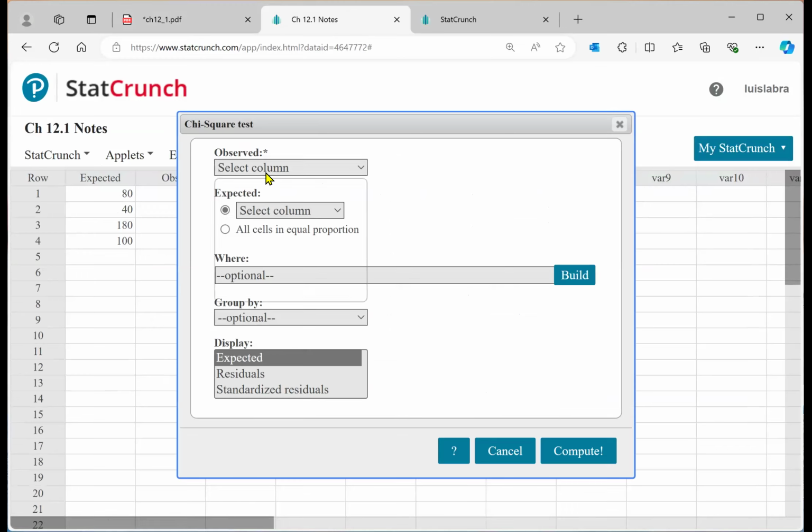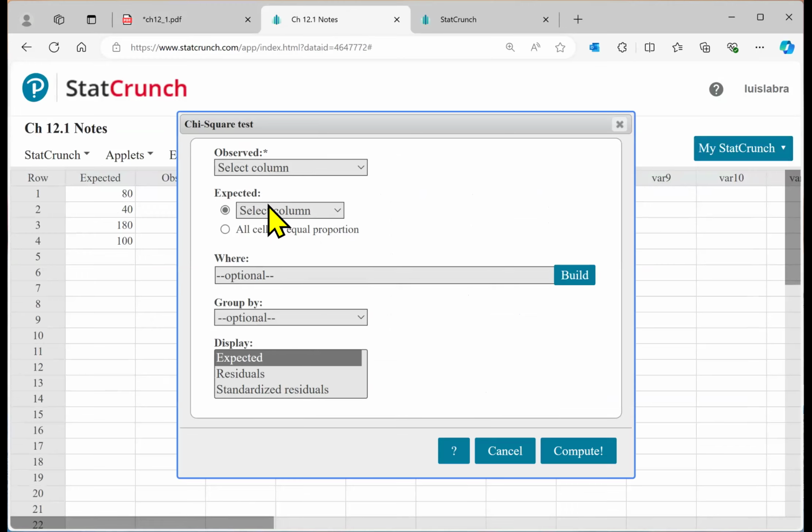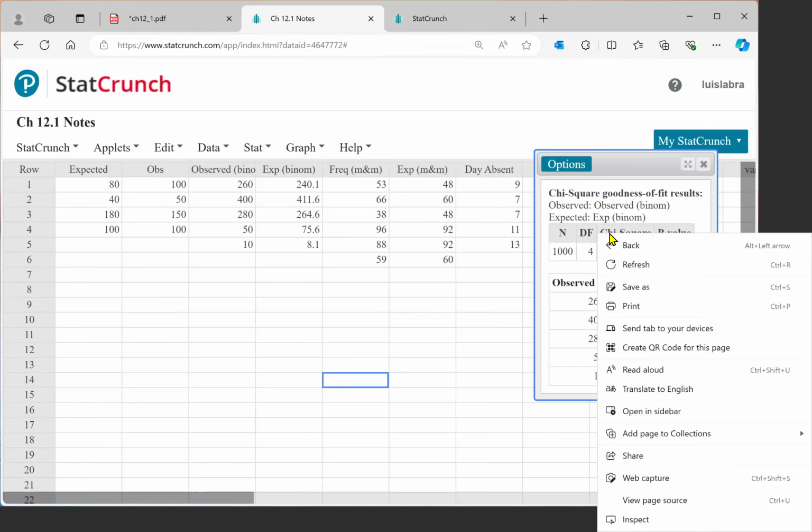So where is the observed? I'm going to click observed where it says binomial, and then expected where it says binomial. And that's pretty much it. Compute, and you get your test statistic. They summarize the results for us here, and we've got our test statistics in this column.